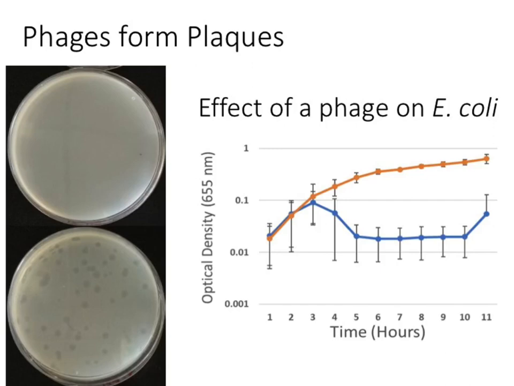P-L-A-Q-U-E-S, not to be confused with dental plaque, all right? But spelled the same way. What do these plaques represent? Think about the life cycle that we just observed. What's happening at these plaques?